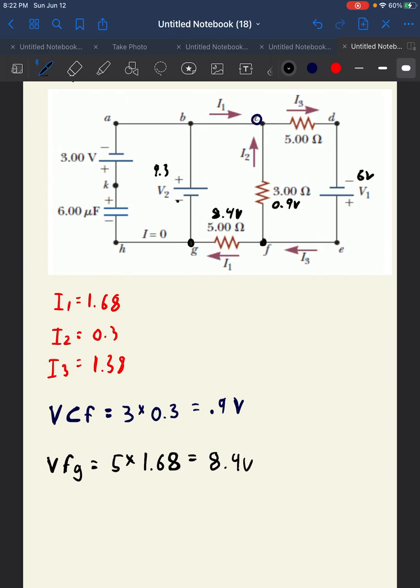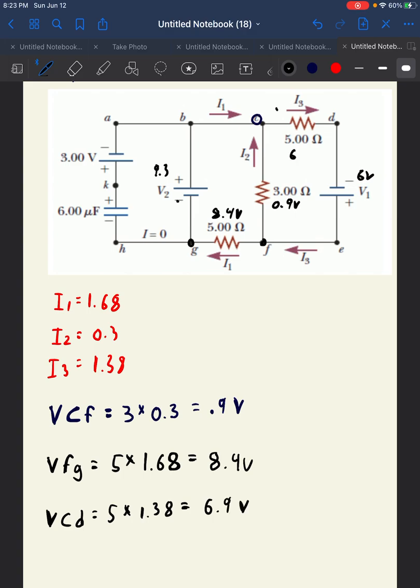0.4 voltage. Now looking at the final one, we solve for FC, we solve for FG. We now want to solve for CD, which is right here. We would do V of CD equals 5 times 1.38, and that's going to give you 5 times 1.38, 6.9 voltage.